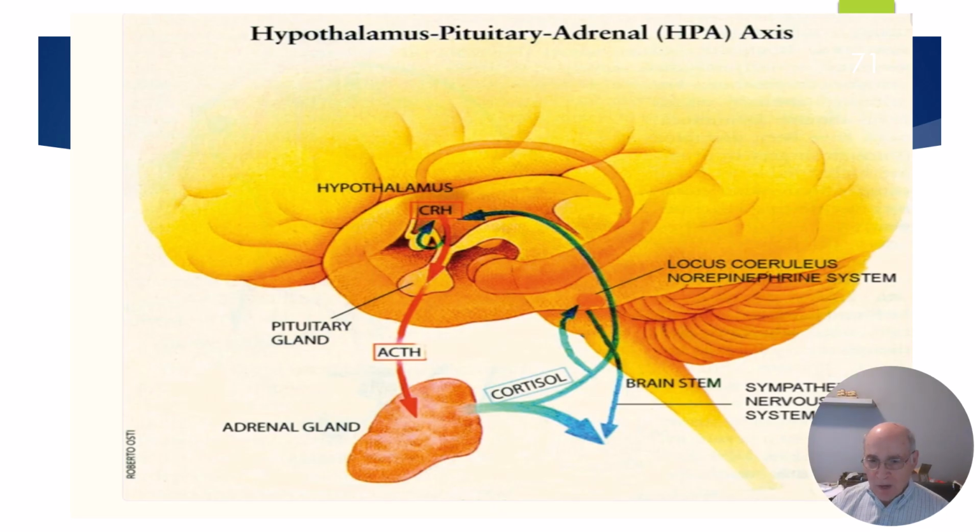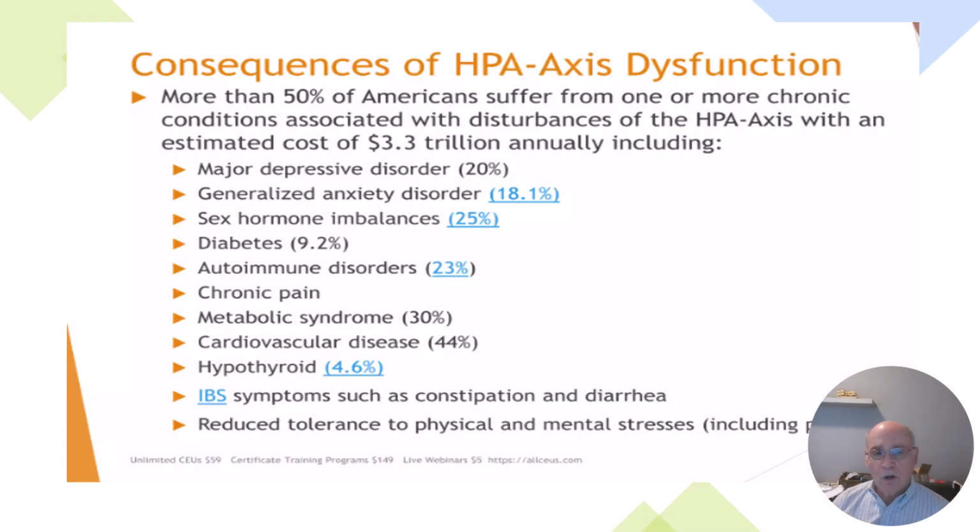So here we have the HPA axis. You can see the relationship in the brain between the hypothalamus, the pituitary, and the adrenal glands. The pituitary produces adrenocorticotropic hormone. Cortisol is released, and that activates the sympathetic nervous system. So we know the consequences of HPA axis dysfunction; you can read them for yourself.